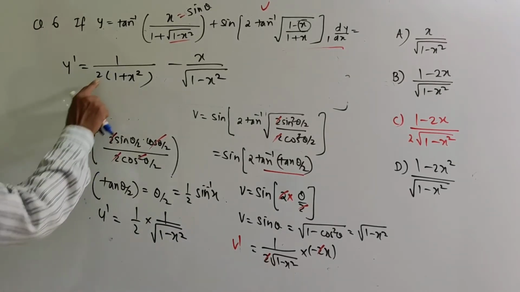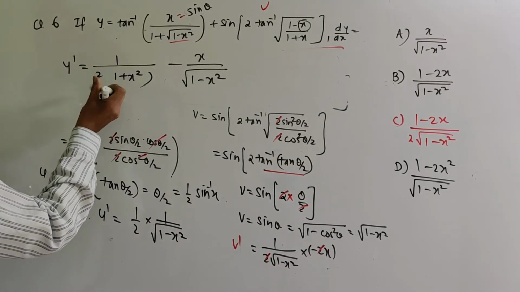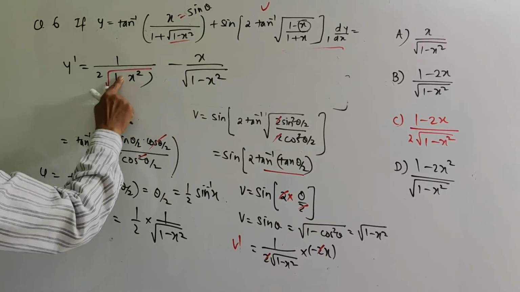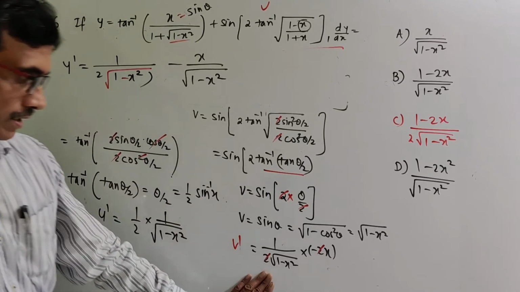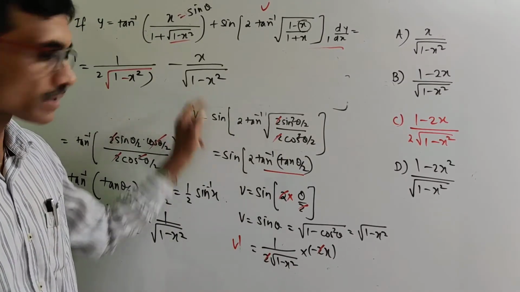So it is root of 1 minus x square, and this derivative is minus x upon root of 1 minus x square.